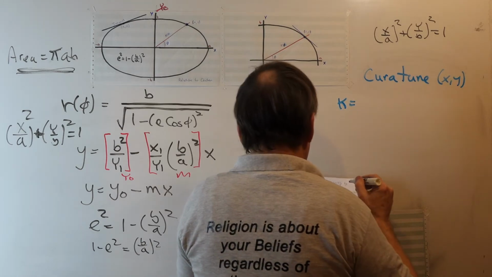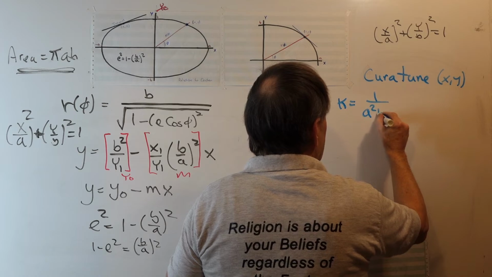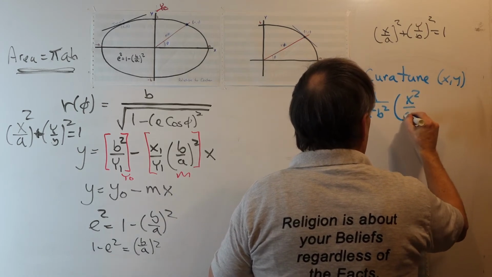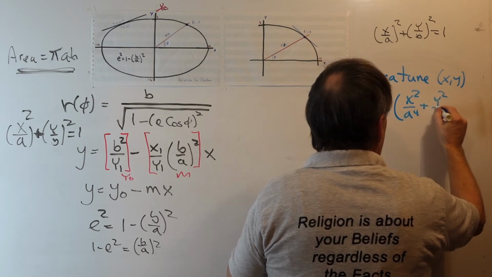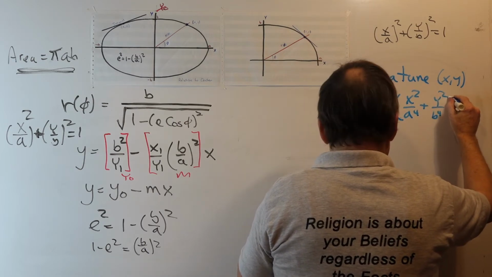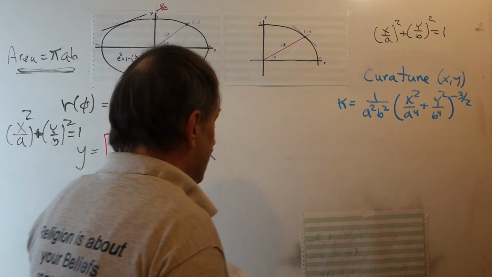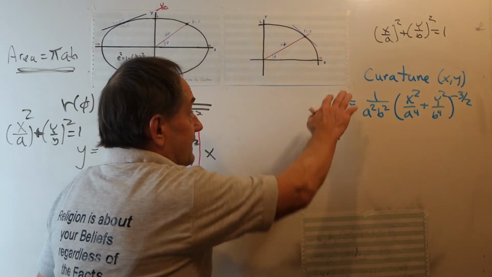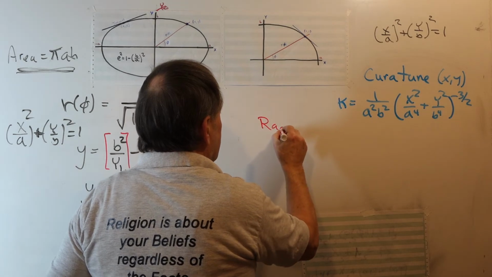We use the Greek symbol kappa, and this is 1 over a squared b squared times x squared over a to the 4th plus y squared over b to the 4th, to the minus 3/2 power. That's called the curvature. Now, related to this curvature is what we call the radius of curvature.